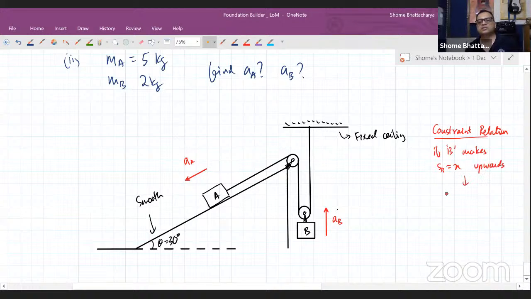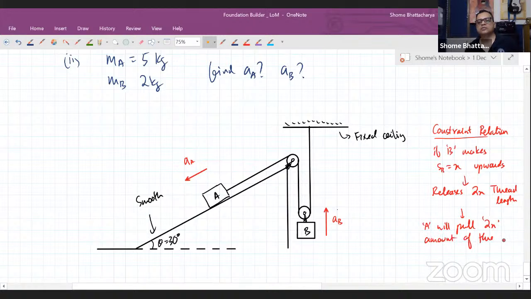It releases 2x amount of thread length. Okay. So immediately what will happen? A will pull 2x amount of thread. Okay. So SA will become 2x. So SA is twice of SB.